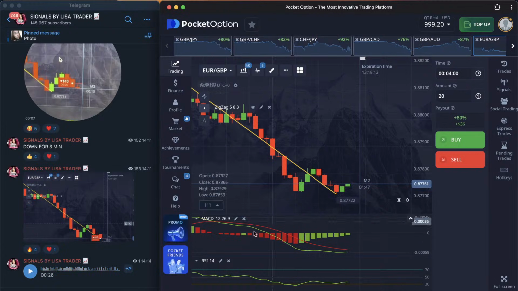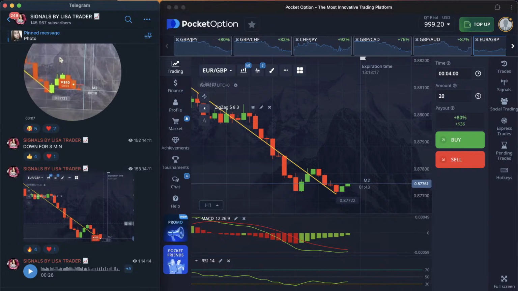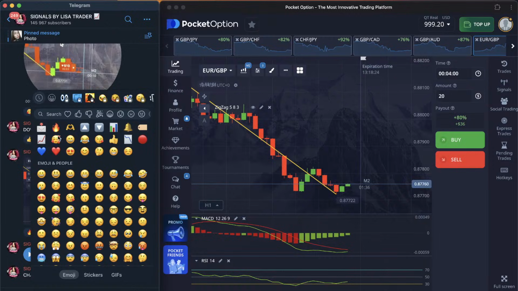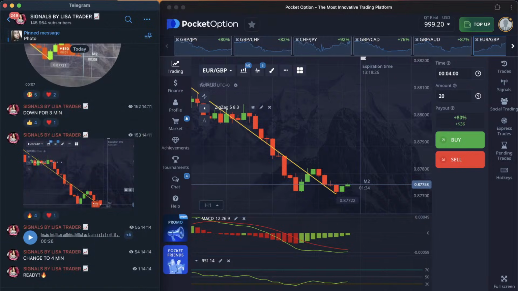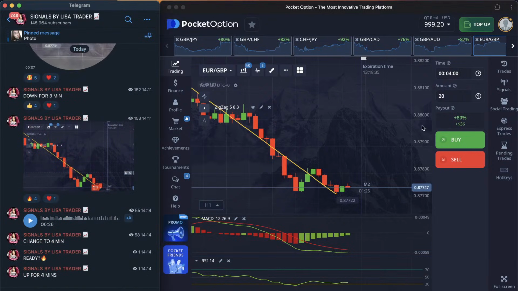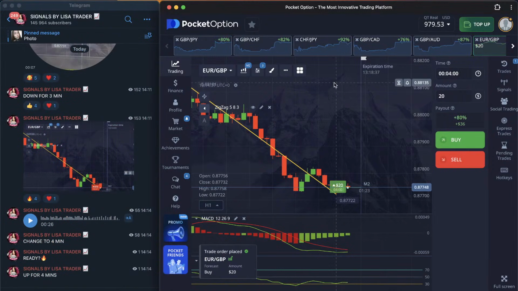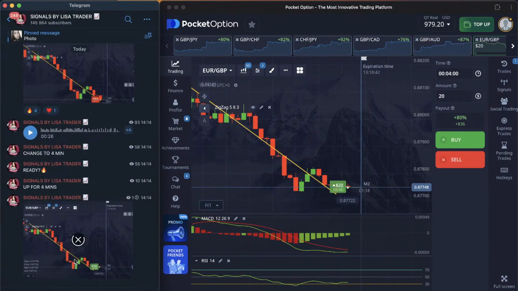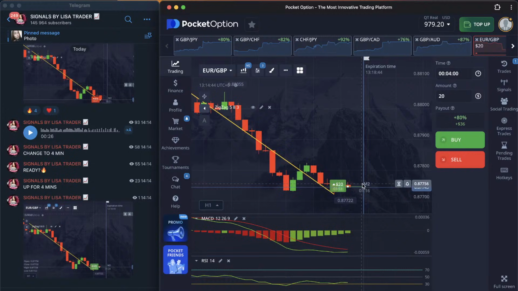Okay, so we change our amount of money. Change to 4 minutes. Ready? Okay, now I'm sending a signal and we open a trade up for 4 minutes as a catch up here, because we can see it start moving more in the upward direction.